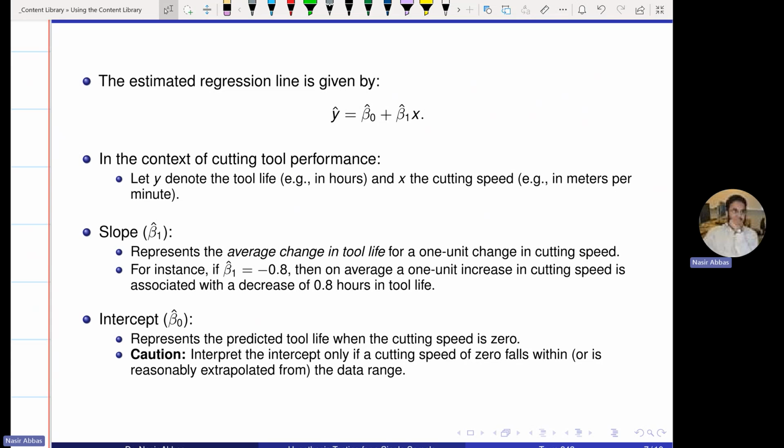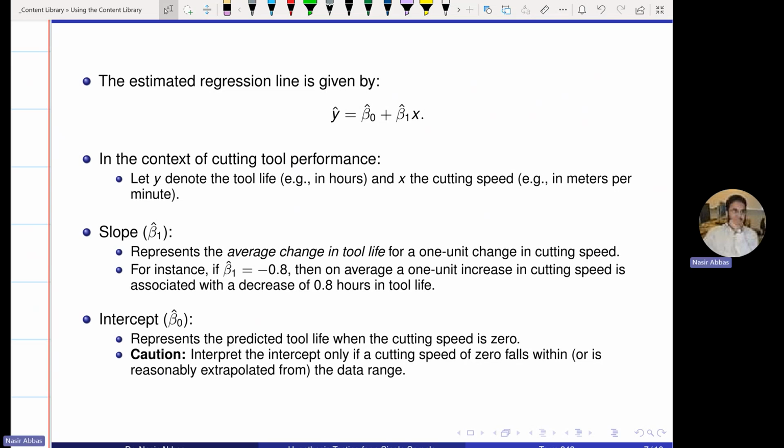If let's say beta 1 hat is minus 0.8, you will say that if the cutting speed goes up by 1 unit, the life comes down by 0.8 units, and vice versa. If it was plus 0.8, you would say that if cutting speed increases, the life increases, which is non-realistic for this example.